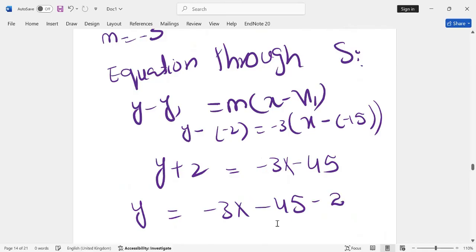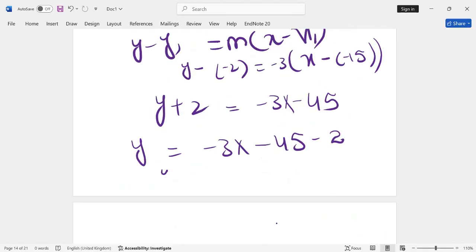And we got the equation y equals minus 3x minus 47. Okay, and this is the required answer that we need to find in this question, because the question requires that we put the answer in the form of an equation.